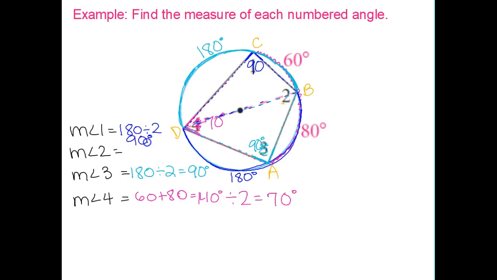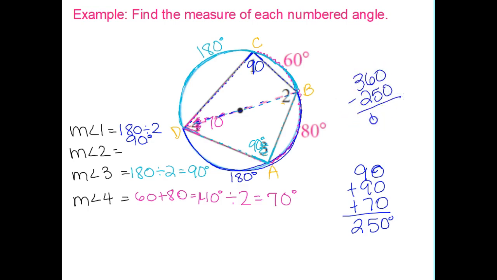So if we take all three of these and add them together, 90 plus 90 plus 70, that gives us 250 degrees. Then subtract that from 360. So 360 minus 250 is equal to 110 degrees. That means angle 2 is equal to 110 degrees.